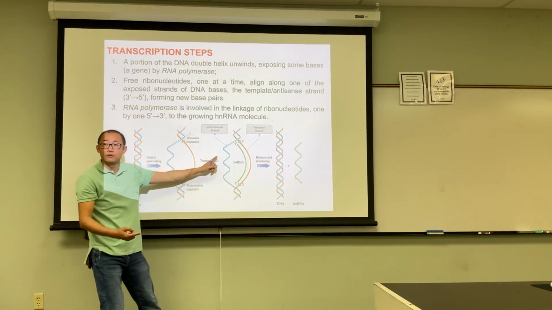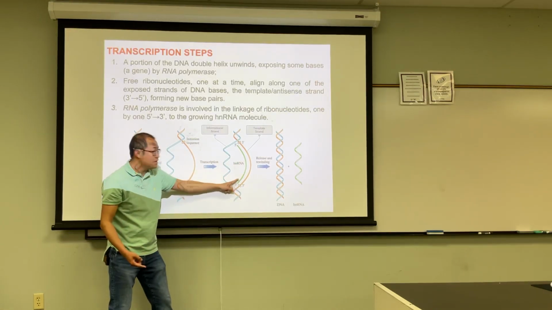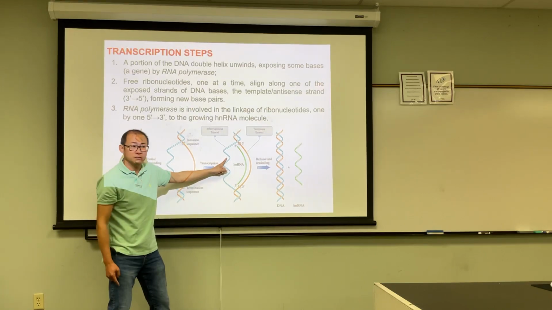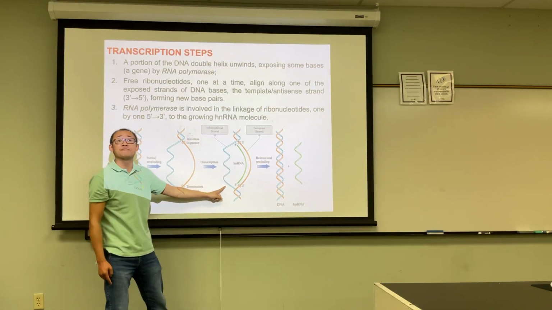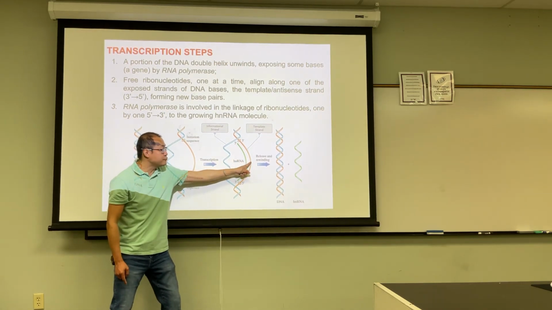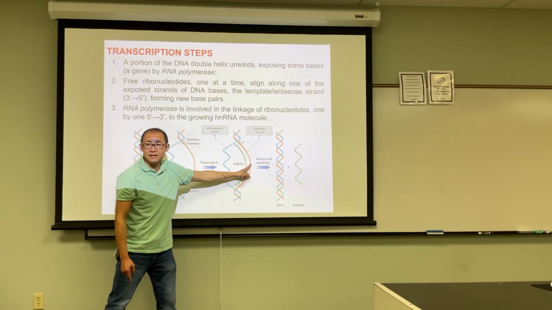So what does it tell you? The sequence of the new RNA will be the same as the sequence of this one from 5 to 3. Does this make sense? Why are they the same? Because they're both complementary to the template strand.